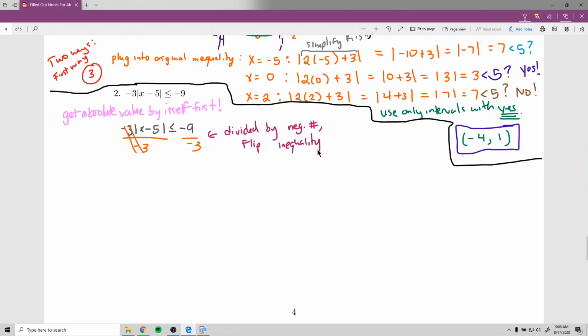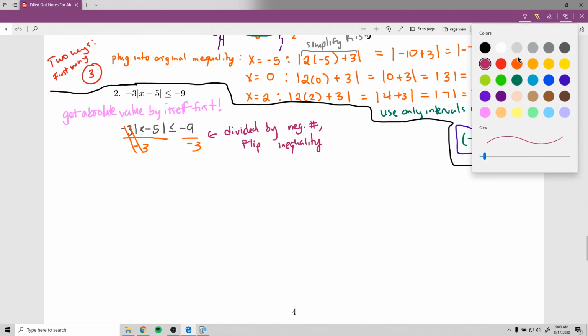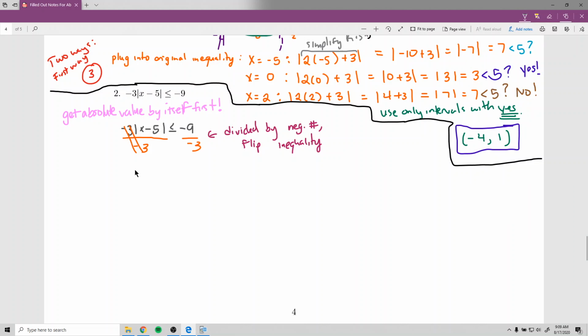If we have an equal sign, which we do here, that stays. We just flip the way the mouth opens. Less than becomes greater than, and then -9 divided by -3 is 3.